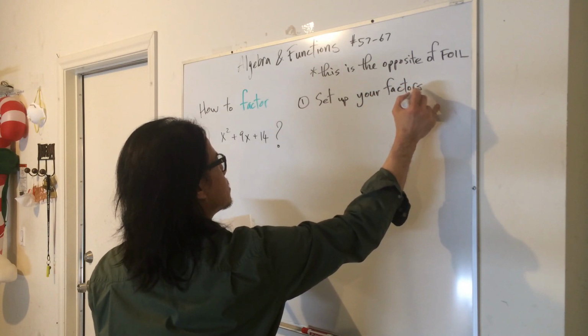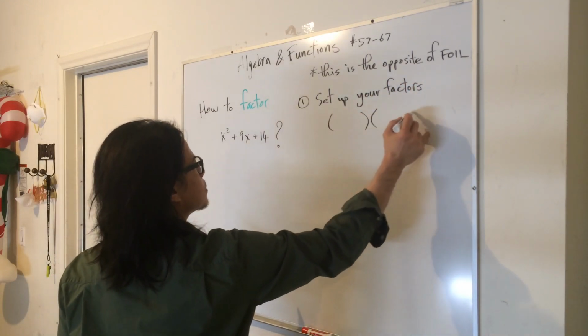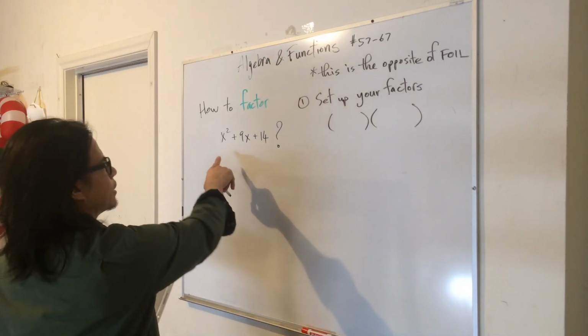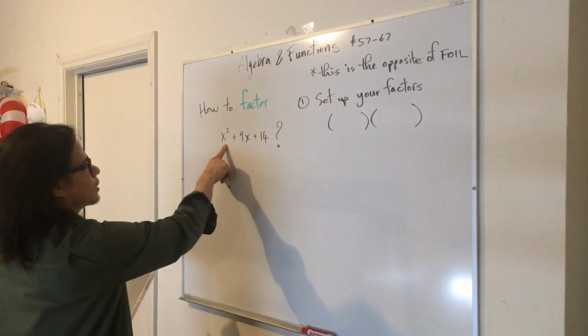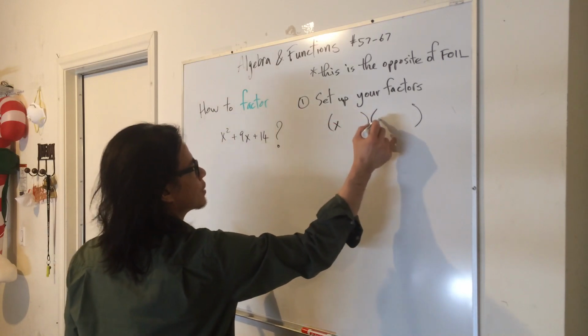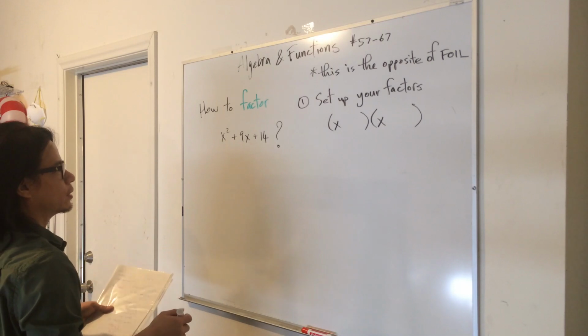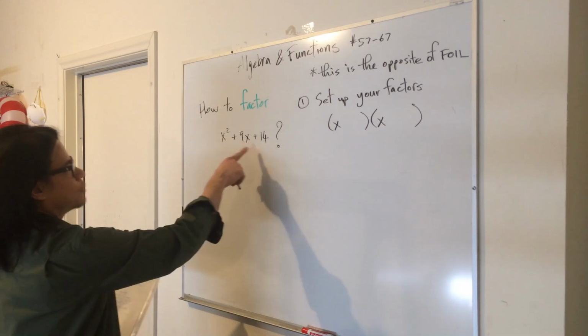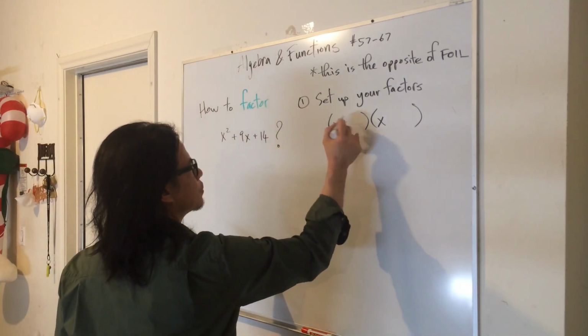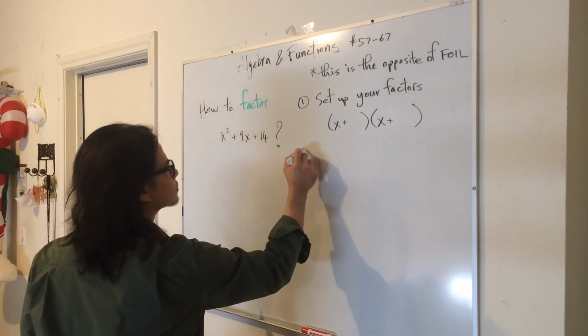By this, I mean we're going to set up the parentheses, and you know that the only thing that can multiply to get x squared is x, right? X times x to get x squared. And here we have all addition signs, so we're going to just say plus. So that's step 1.